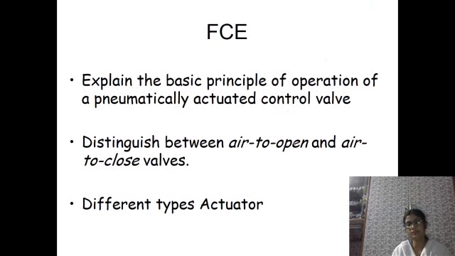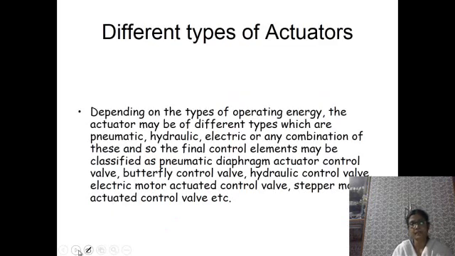This is air to open type or air failure to close type, and this is air to close type or air failure to open type. This is defined in different books in this way. So there are two distinct types of final control element in pneumatic systems, and the different types of actuators.